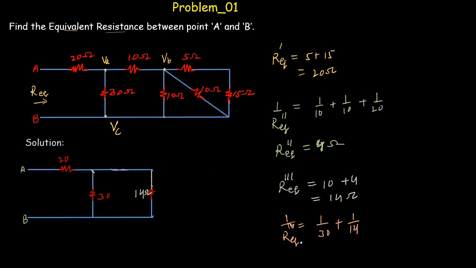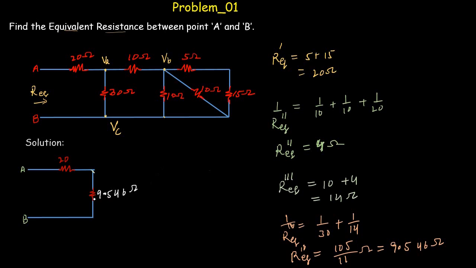If you use your calculator, then you will get R equivalent quadruple dash equal to 105 divided by 11 ohms, which is equal to 9.546 ohms. So we can replace these 2 resistors by a single resistance of 9.546 ohms.